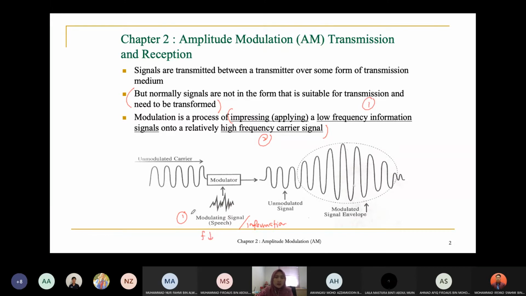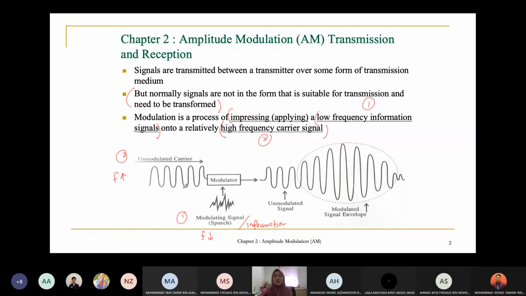Another signal that we have is the unmodulated carrier, or usually we call it the carrier signal. This carrier signal has a high frequency. So this is low frequency, and this is high frequency.